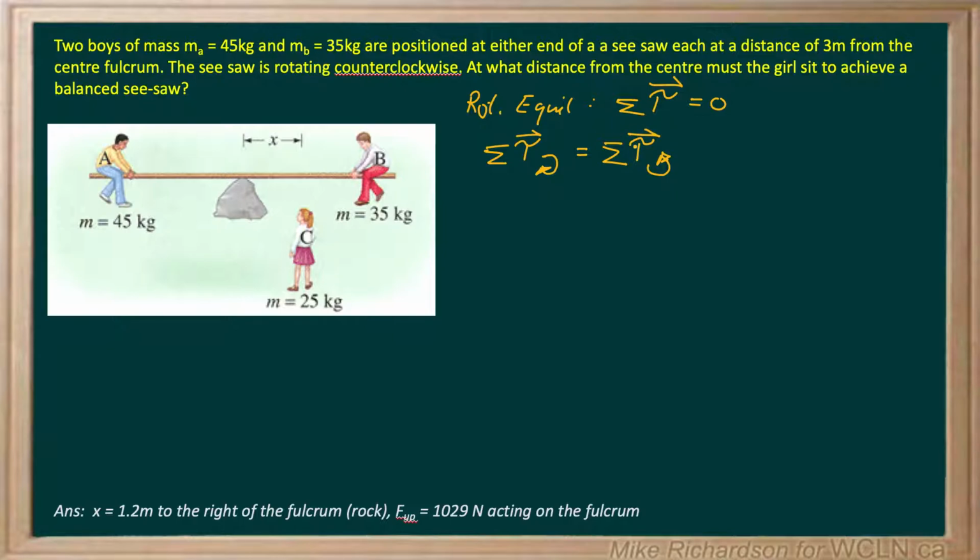So there's my condition. Now, because it's in static equilibrium, it's also not accelerating. The whole system is stationary, so the acceleration is 0. So we say that static equilibrium satisfies two things.